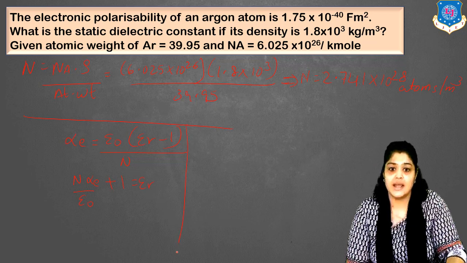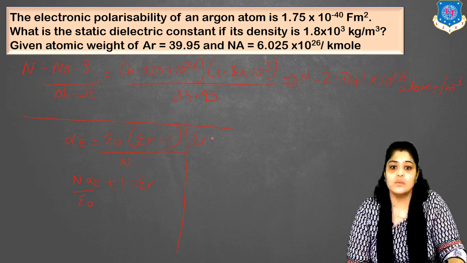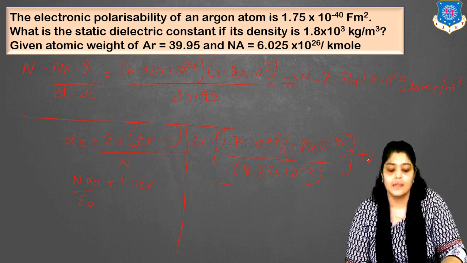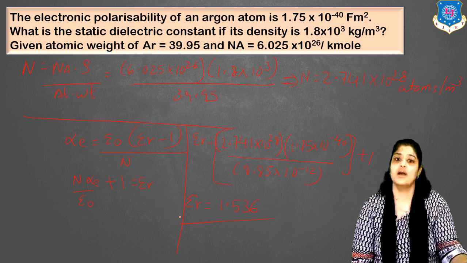And this can be written as epsilon r is equal to N, which is 2.741 into 10 raised to 28, into 1.75 into 10 raised to minus 40, upon 8.85 into 10 raised to minus 12, and this plus 1. So this gives us the answer of epsilon r as 1.536. This is your answer.